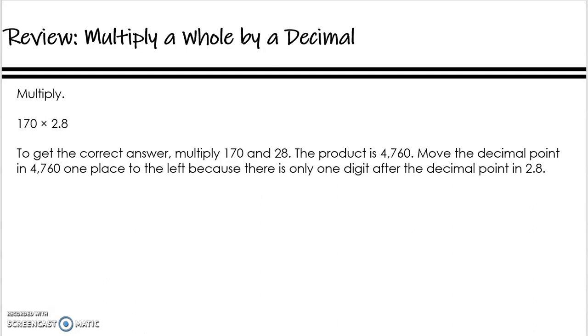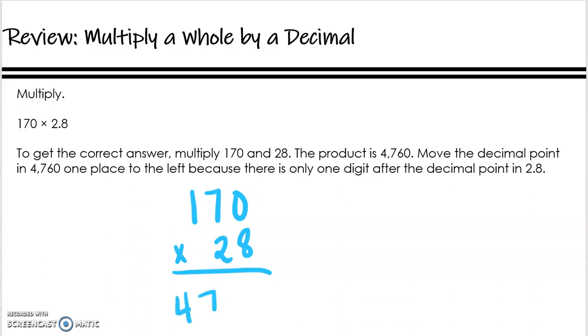What you can do is 170 times 28. You'll go through the steps where you do 8 times 0, 8 times 7, 8 times 1, put a placeholder, 2 times 0, 2 times 7, 2 times 1, add those numbers together, and you end up with 4760.